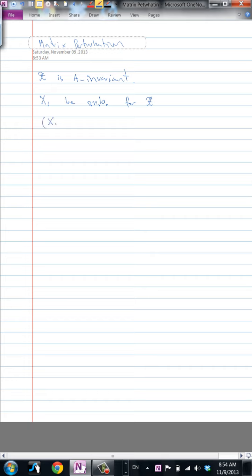In other words, let [X1, Y2] be unitary, so the columns of the joint matrix [X1, Y2] are an orthonormal basis for the entire space.